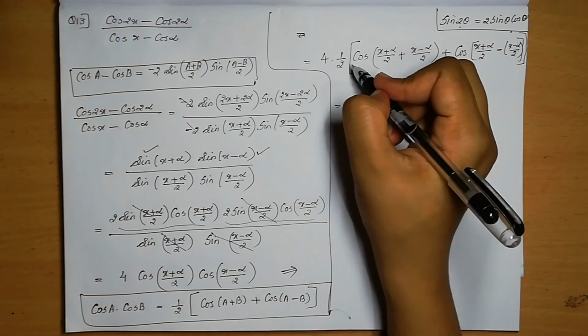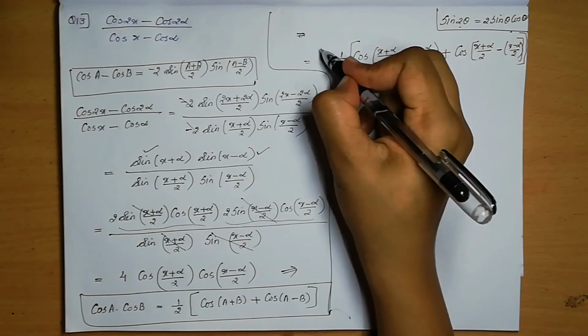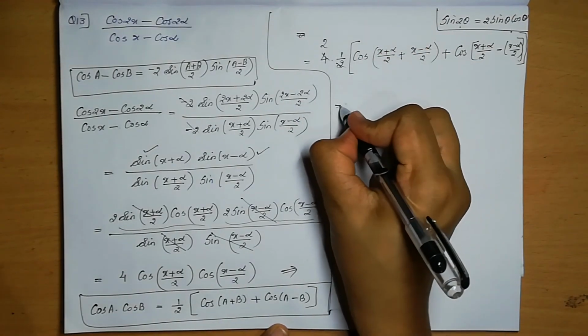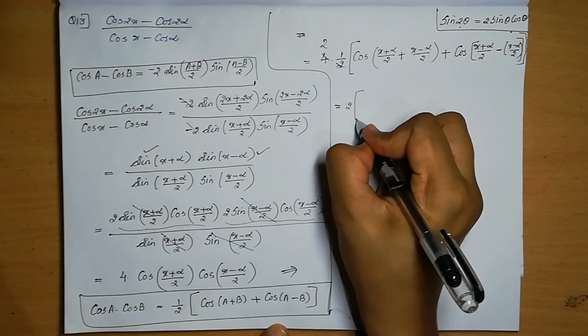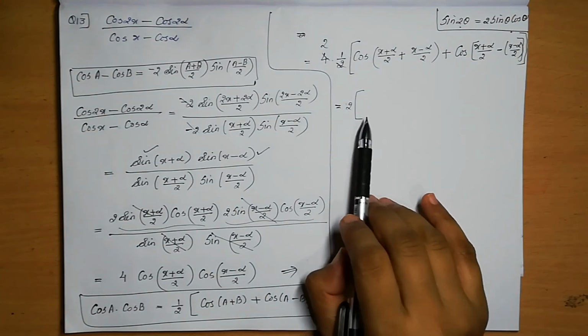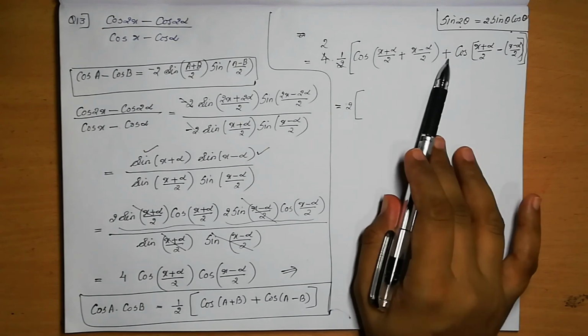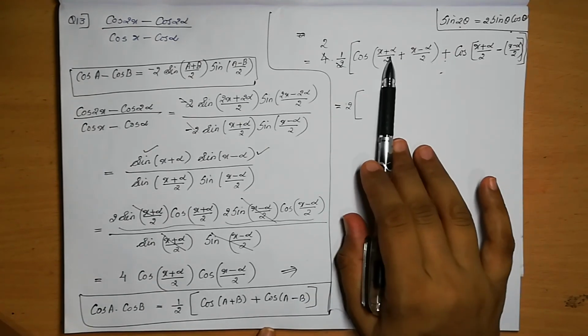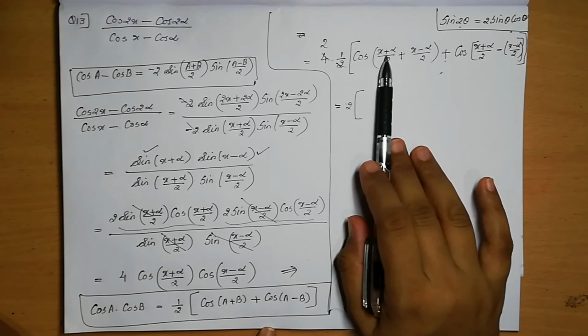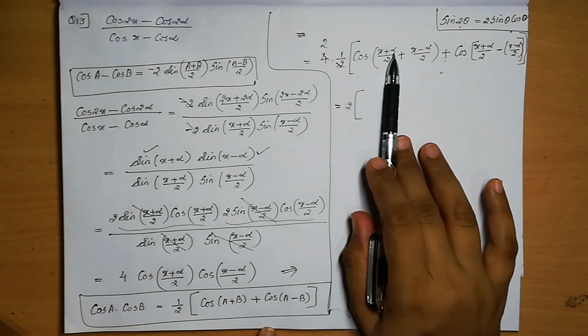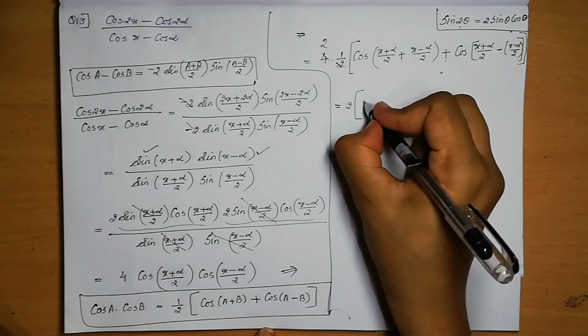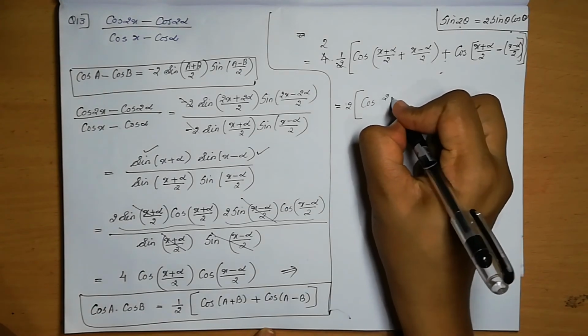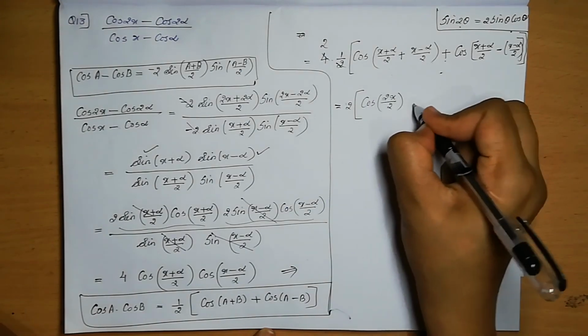This 4 and 2 will cancel, so we get 2. No need to write the bracket because this is a product. This is plus only in between. The denominator is the same, so we can add the numerators. x plus x is 2x, alpha minus alpha is 0, that means cos(2x/2).